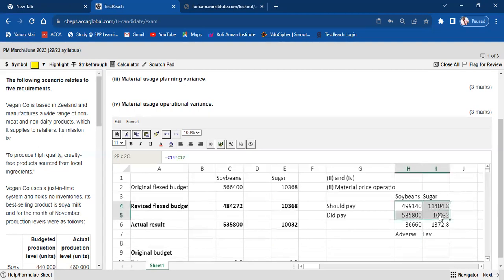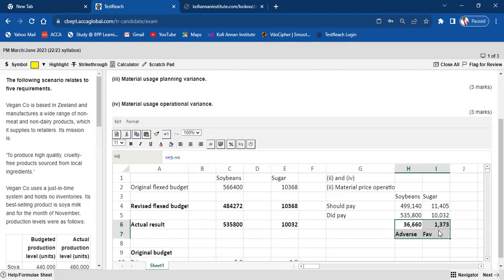Spend less than a few seconds to format these cells. This is not like Microsoft Excel. Please note that. I go here and I select the last but one. All right. So these are my variances. I've just scored 3 marks.